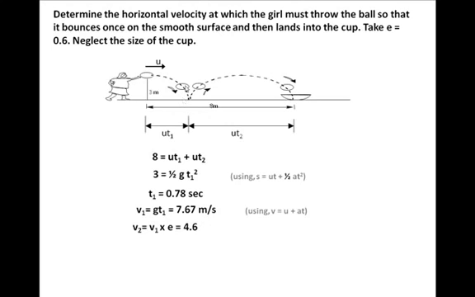And now if you see 7.67, it hits the ground and then it bounces back. So using collision with infinite body knowledge, this works out to 4.6 because 7.67 into e, 0.6, will give 4.6.